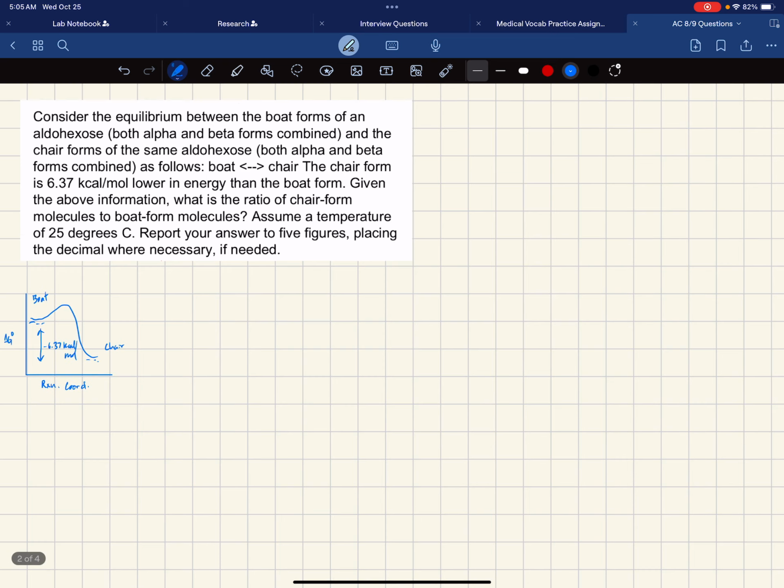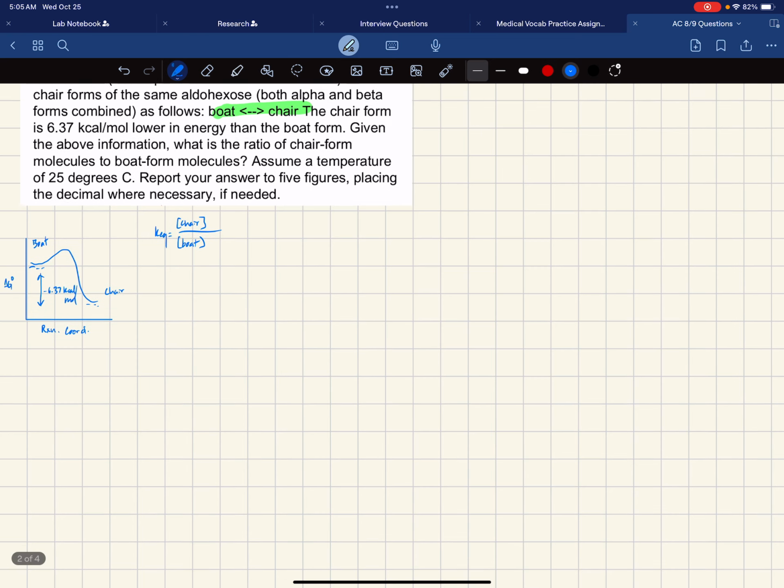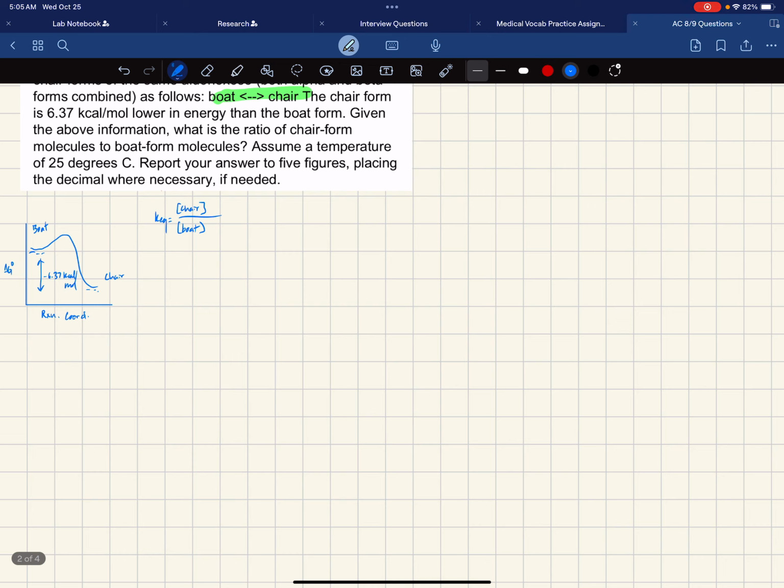So my KEQ is the concentration of the chair over the concentration of the boat, because this was my initial equation that I put into that KEQ form. And so once I do that, I can plug this into my delta G naught is equal to negative RT ln KEQ.